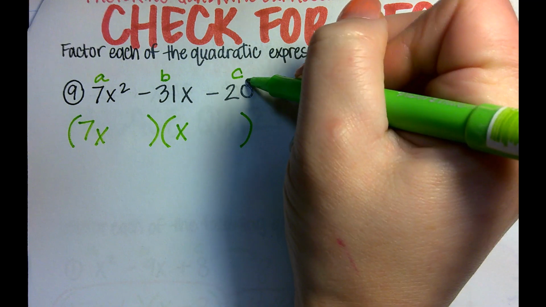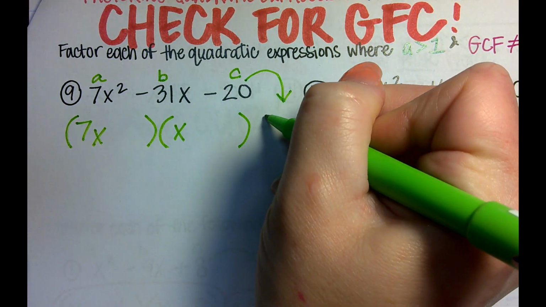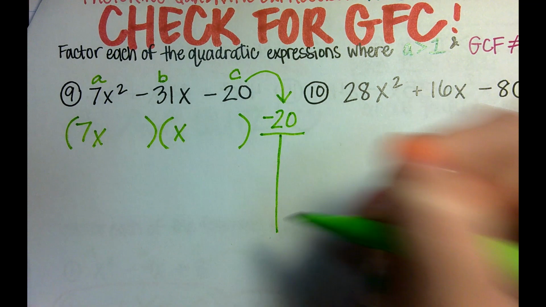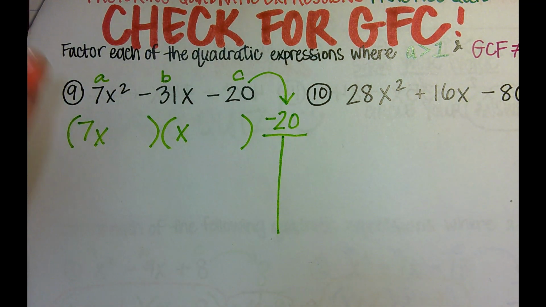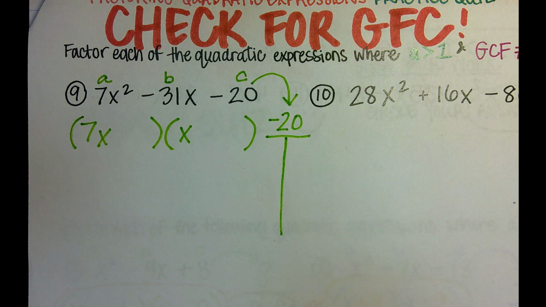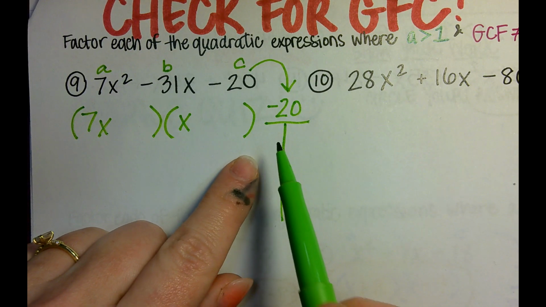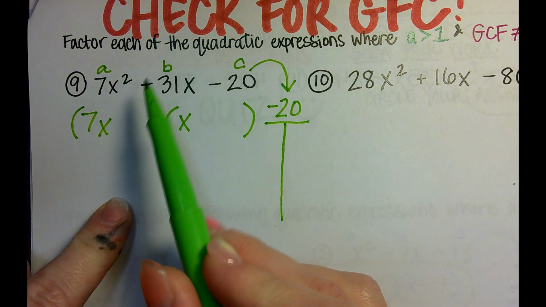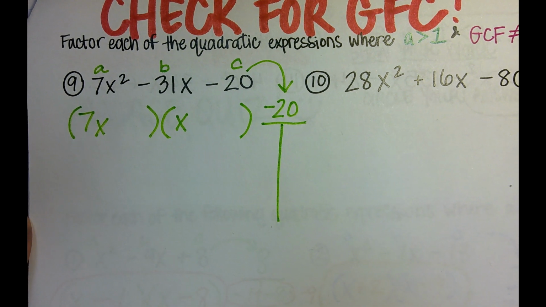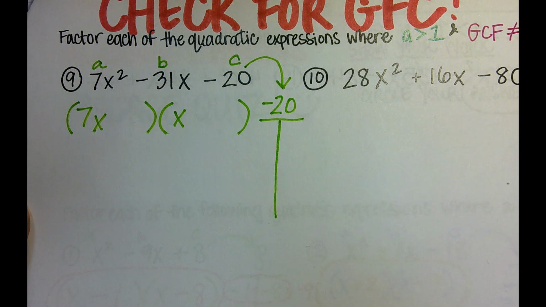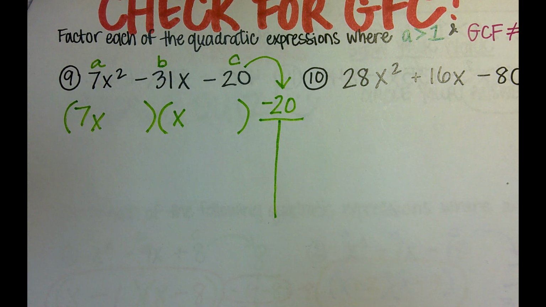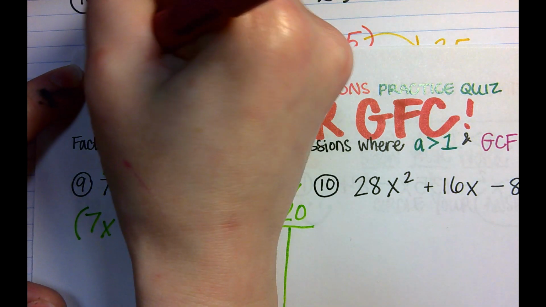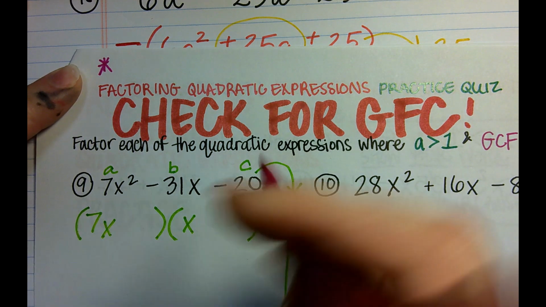Let's list out the factors of c, just like we've been doing. I've got negative 20. Now, because we don't have an a that is 1, we won't be able to just simply add the numbers together and see if they add up to our middle term. What method will we have to use in this scenario? The rainbow method. So, if you like writing notes and reminders, this would be a great place to say we're going to use the rainbow method on this page.